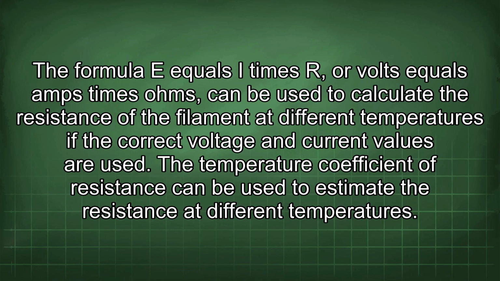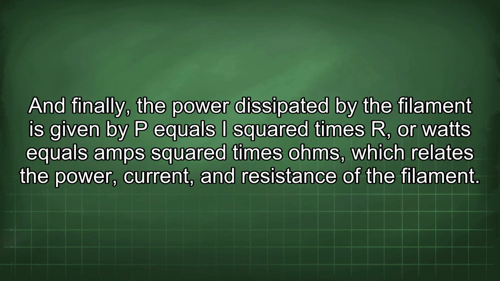The temperature coefficient of resistance can be used to estimate the resistance at different temperatures. And finally, the power dissipated by the filament is given by P equals I squared times R, or watts equals amps squared times ohms, which relates the power, current, and resistance of the filament.